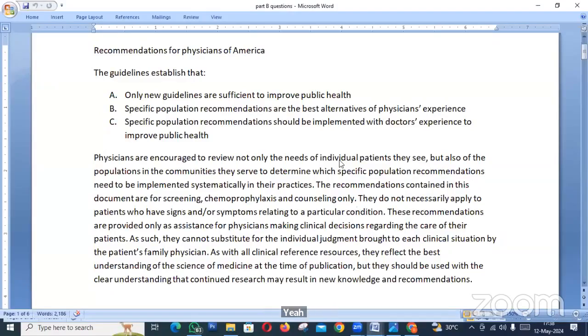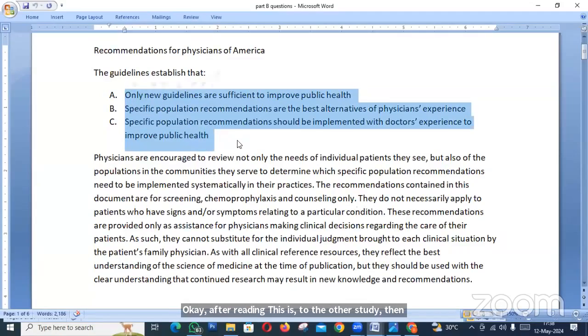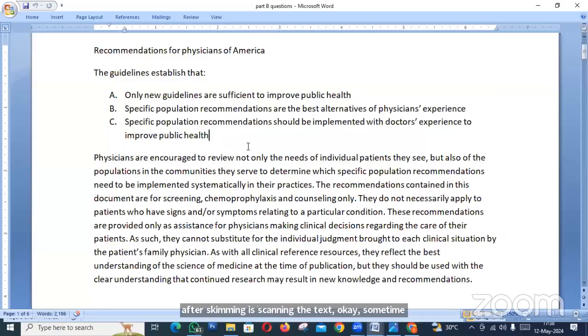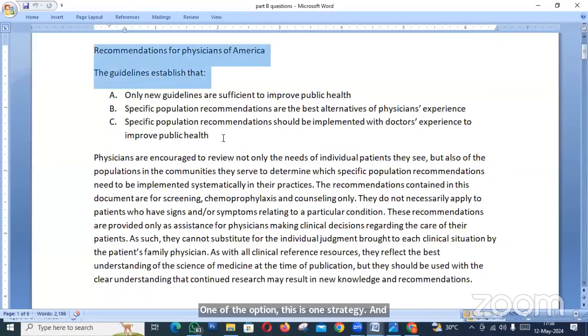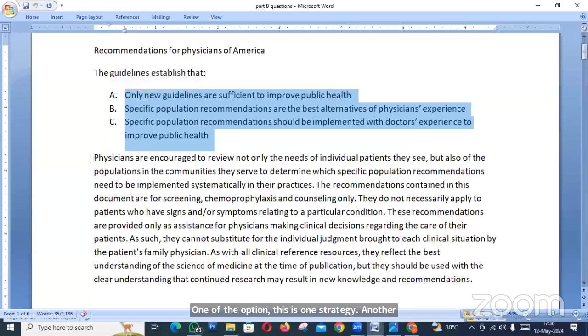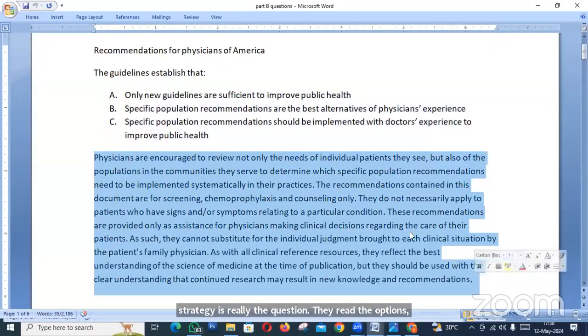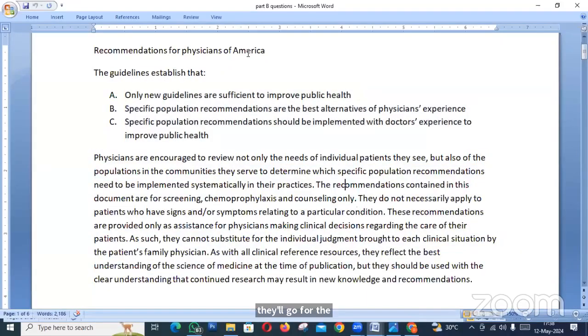Okay, after reading, this is one strategy. Another strategy: after skimming and scanning the text, sometimes if they are a quick reader, they see the options and select one of the options. This is one strategy. Another strategy is to read the question, then read the options, then go to the text, skim and scan, and see the answer. So these are two strategies.